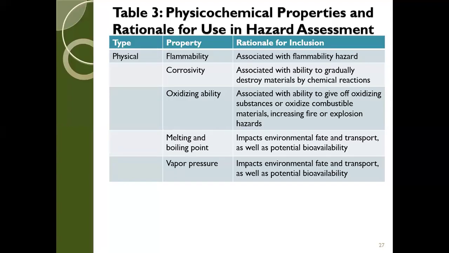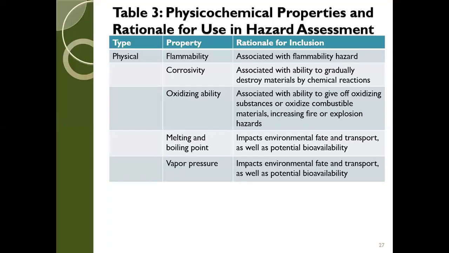Then you have oxidizing ability. There are some chemicals that have oxidizing ability. When we say a chemical has oxidizing ability, it means it is associated with the ability to give off oxidizing substances or oxidize combustible materials, increasing fire or explosion hazards.